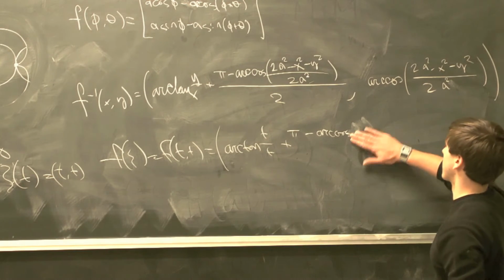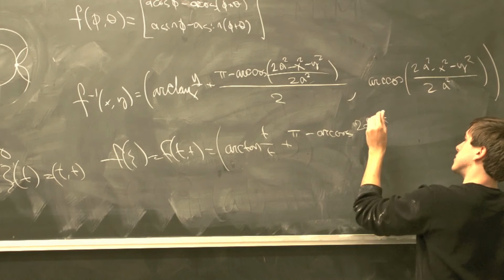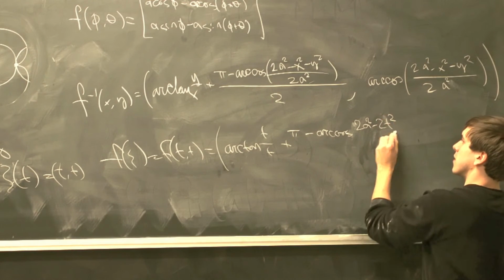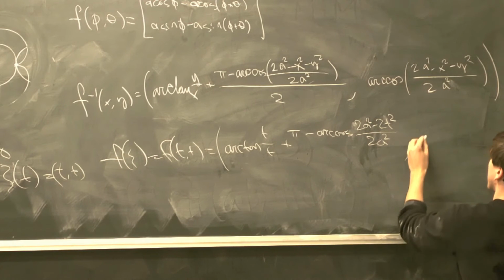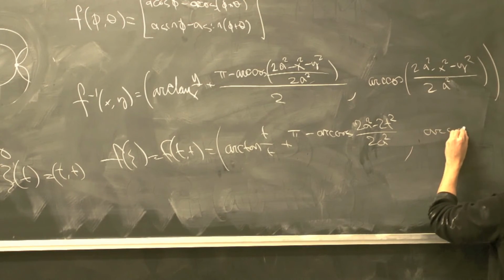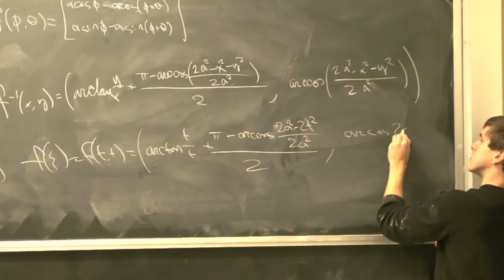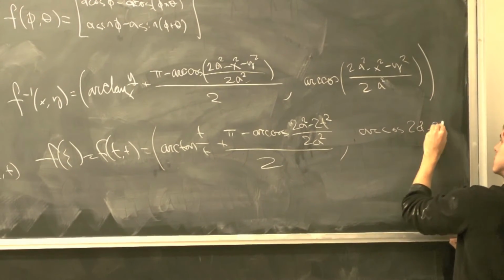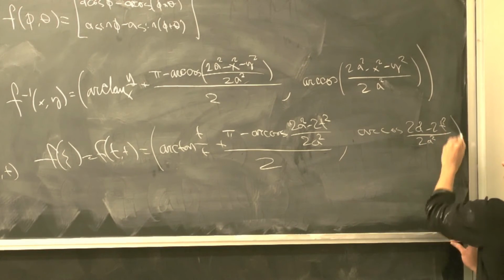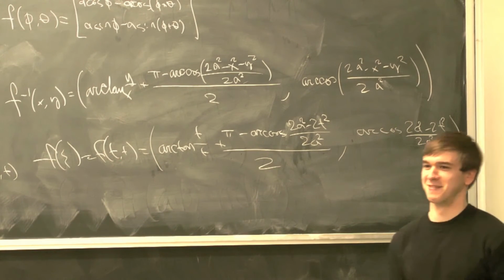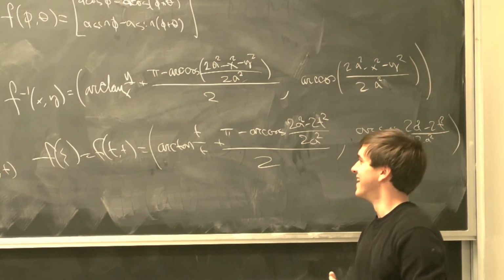Oh, right, okay, certainly. So 2t squared over 2a squared, then we're done with that, and we get this again. Oh, no, we're not, I lied. Alright, arc cosine of 2a squared minus 2t squared over 2a squared. So that's what that looks like, which everybody can immediately see what curve that maps to.